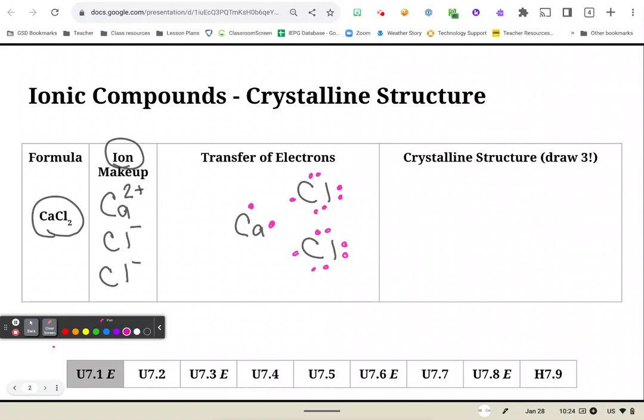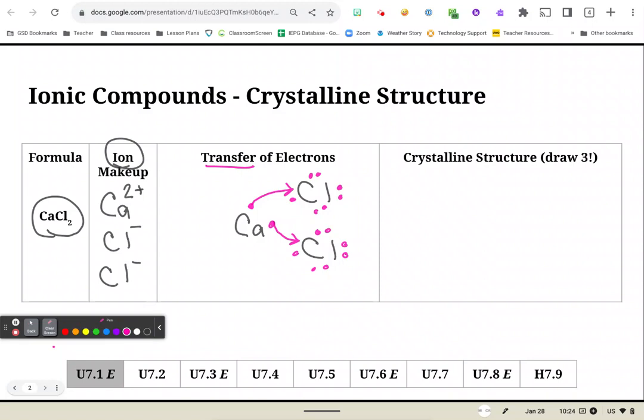So then I'm going to show, again, to show the transfer, I need an arrow. Calcium goes into the open spot on chlorine to give that 8 valence electrons, which we find is the most stable configuration, or we're assuming is the most stable, because those are the ones that happen in nature. All right, so that is your transfer of electrons.